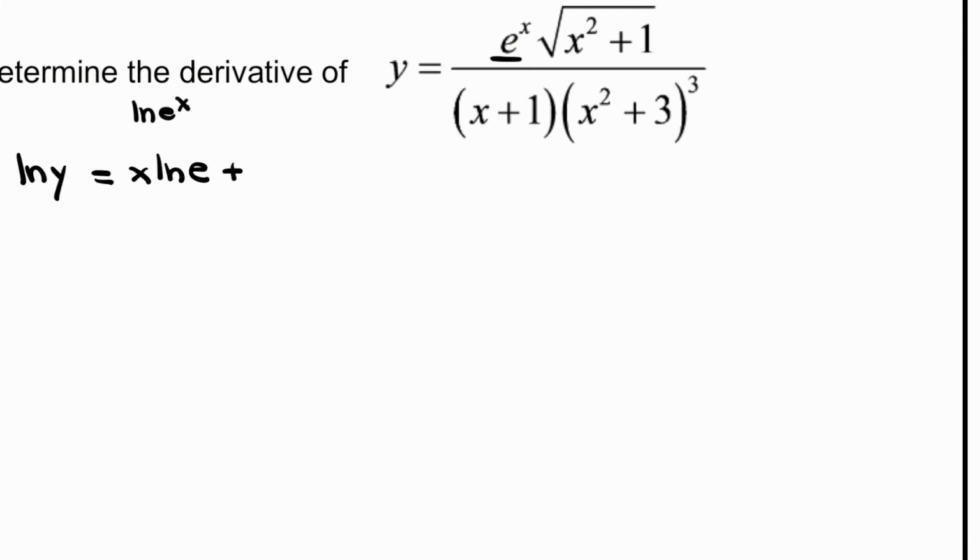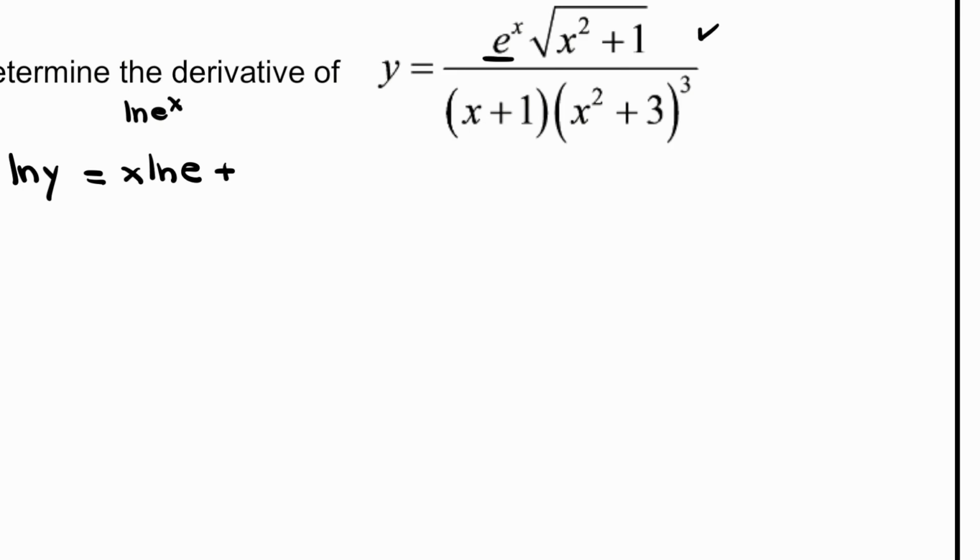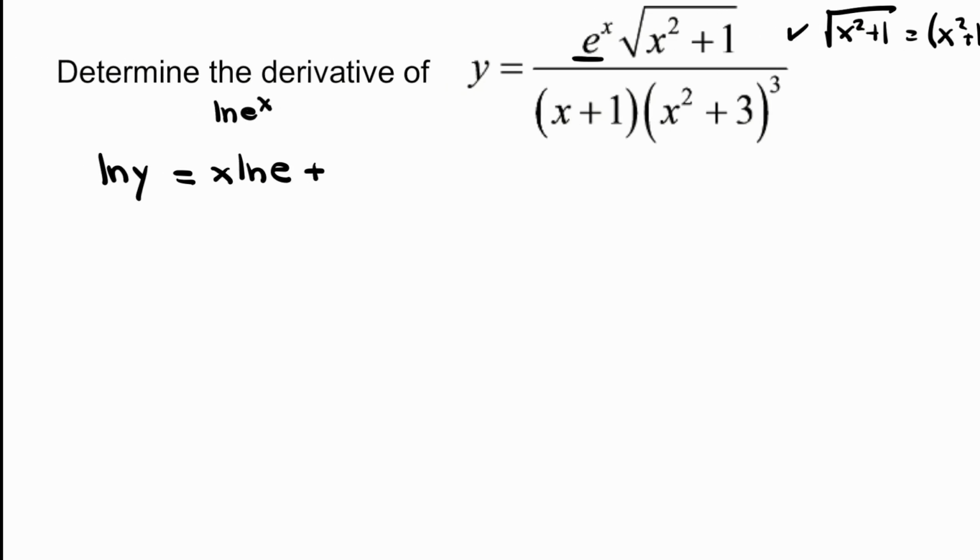And I want you to remember that if I have a square root, and this is x squared plus 1, that is the same as making it x squared plus 1 to the power of 1/2. And we're going to do that for this one, just to make it power rule and not having to worry about that root.